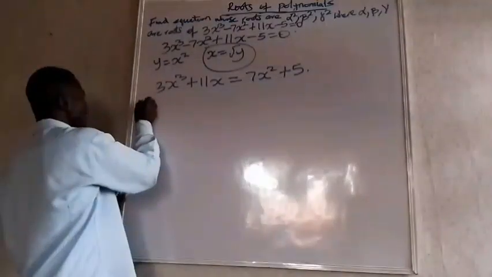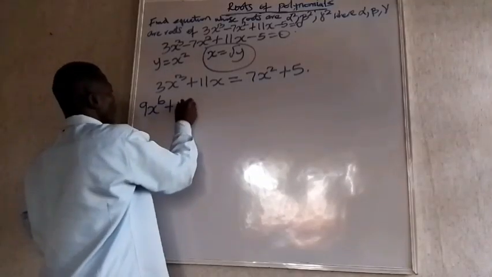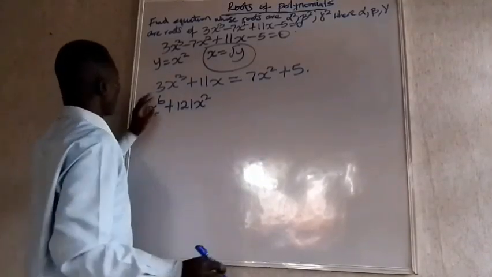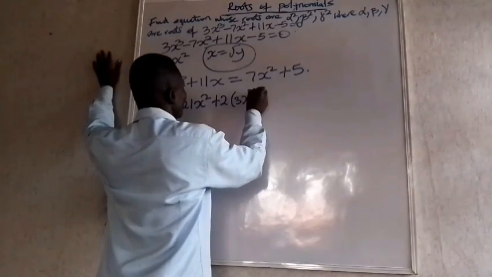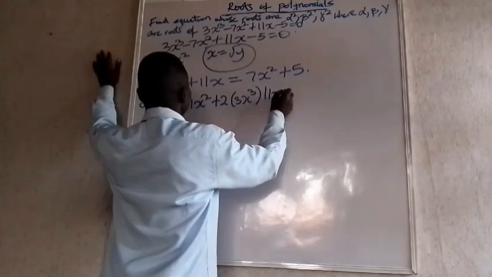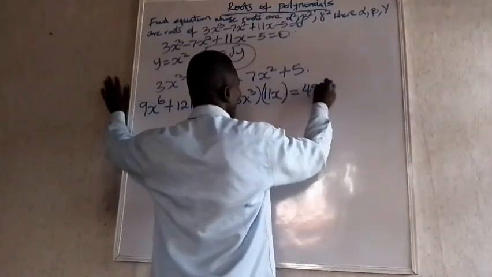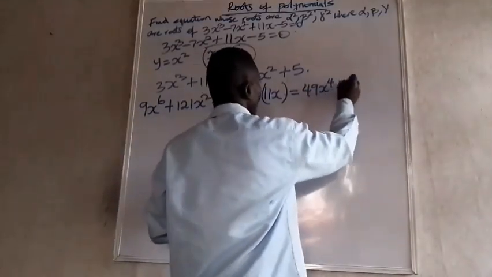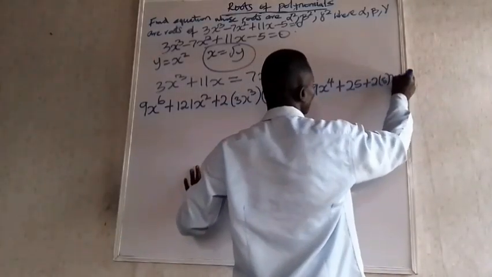So this is going to be 9x raised to the power 6 plus 121x squared plus 2 into 3x cubed into 11x. And this will also be equal to 49x raised to the power 4 plus 25 plus 2 into 5 into 7x squared.